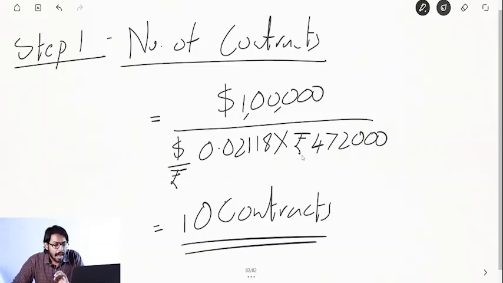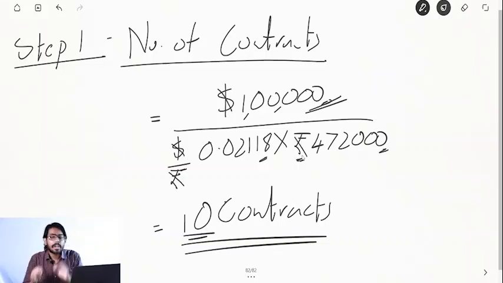Understand? What is the formula? Amount to be hedged divided by price of futures today into contract size. Now pay attention. You can understand it in a different way. The amount to be hedged is $1 lakh. Contract size is rupees 4,72,000. By the way, let's check if the answer is correct. Dollar and dollar get cancelled over here. Rupee and rupee get cancelled over here.